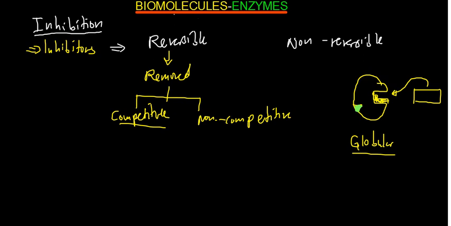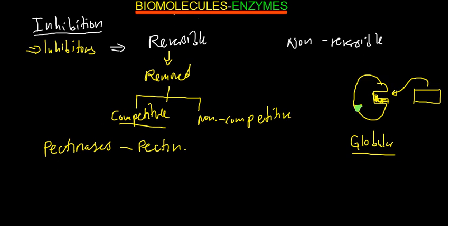Alright, so this is inhibition. Now there are a lot of different enzymes that we also need to get to know. At least we have pectinases. Pectinases just break down pectin. Pectin is simply a polysaccharide found in plant cell walls.